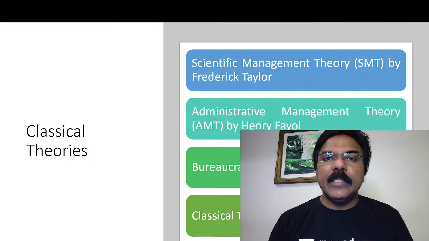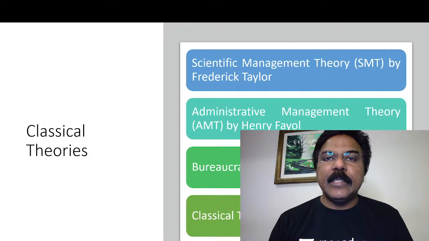And what we're going to learn today is a reaction to that. And classical theory by Gulick and Urwick. So you need to remember Weberian bureaucracy: scientific management theory, administrative management theory, bureaucratic theory, classical theory.